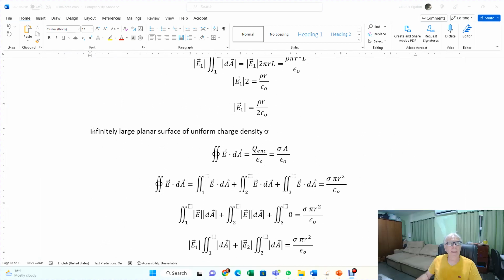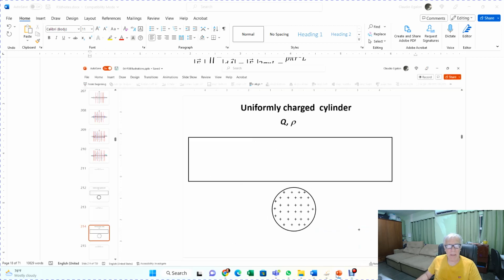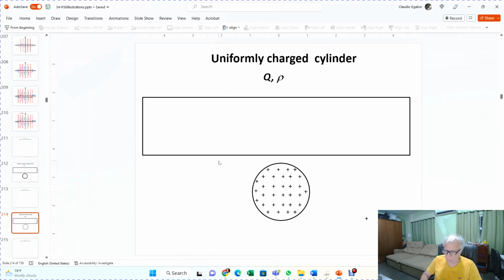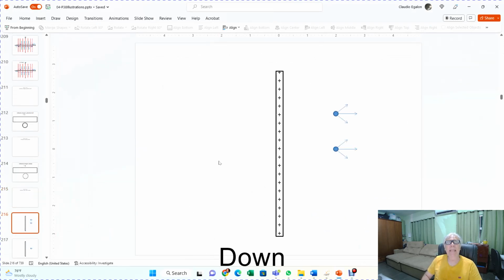So the next problem again is for an infinite charged planar surface, with uniform charge density sigma. That's the illustration of the surface. We already solved this problem using Coulomb's law, but now we are going to solve this problem using the Gauss law.